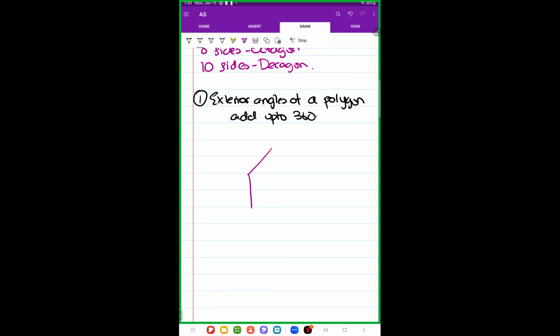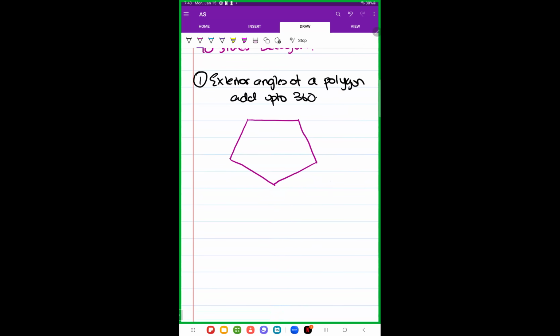One, two, three, four. Okay, this is not a pentagon. Let's say I have a pentagon like this. One, two, three, four, five. All right, so this is a pentagon.